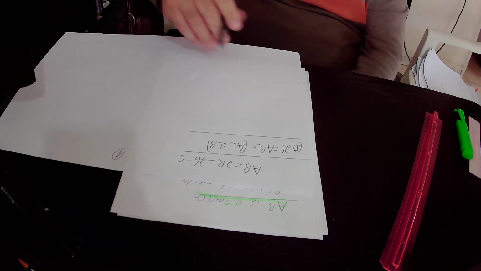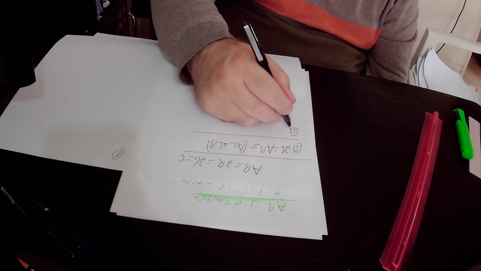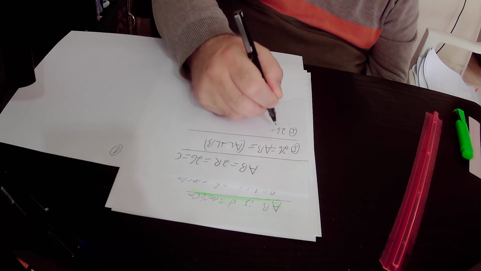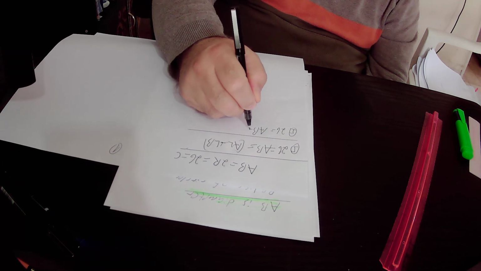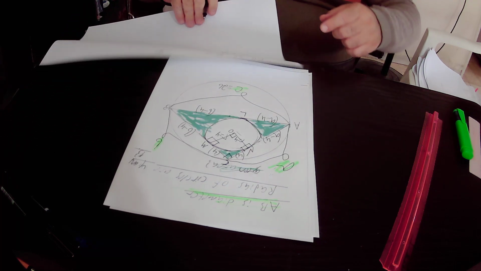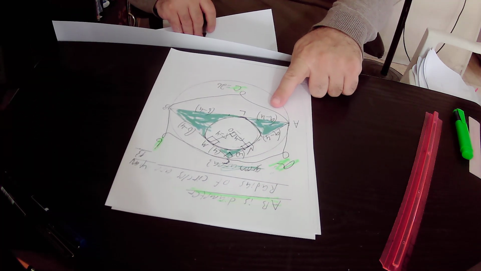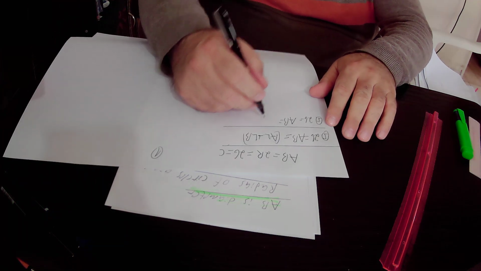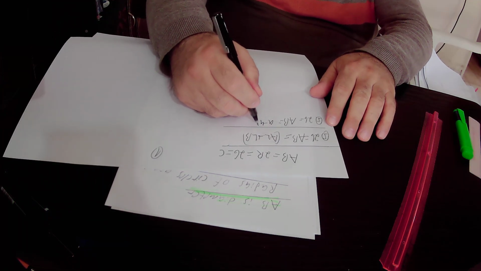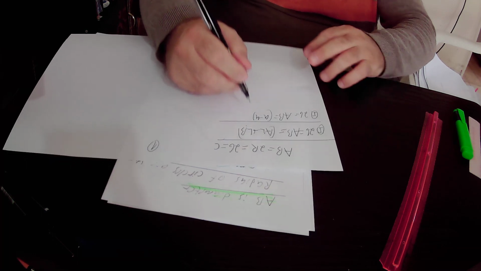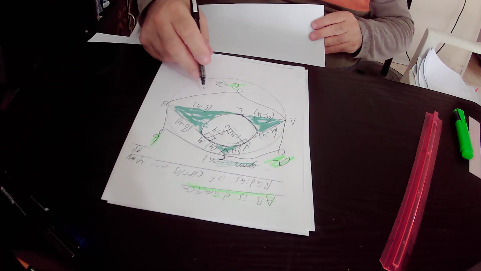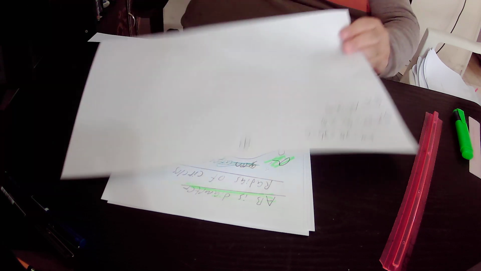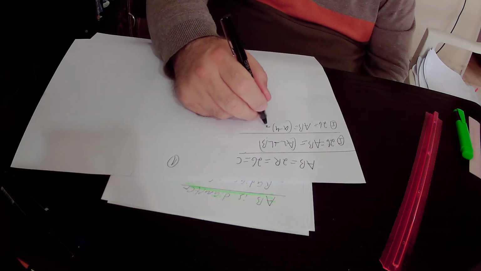So, according to equation number 1, AB equals AL. We already found out that AL equals A minus 4, and LB equals B minus 4. So let's substitute LB by B minus 4.